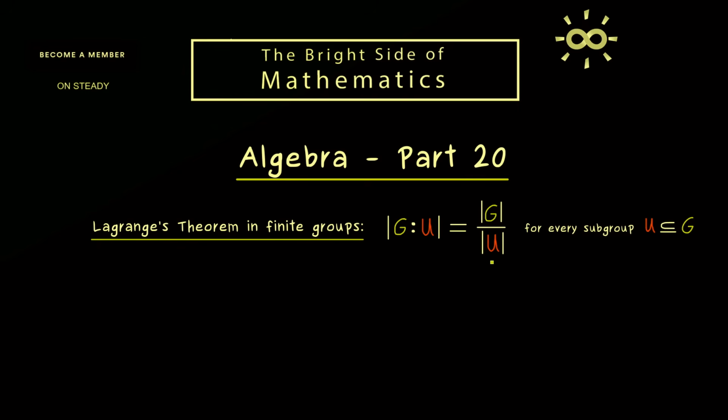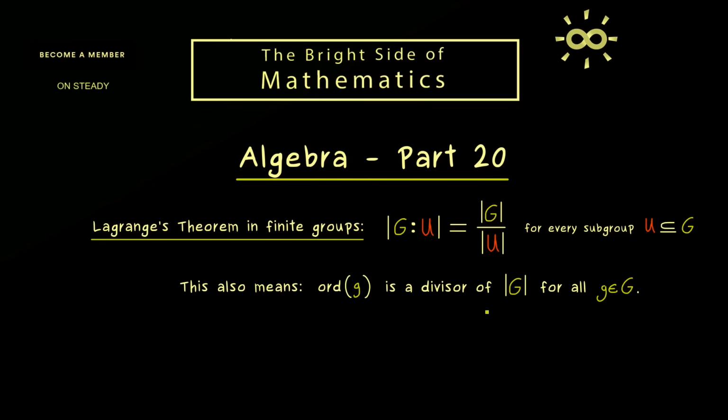Hence, this fraction here always gives us an integer, which means we have to care about the divisors of the order of G. In particular, if you look at the order of an element g in G, then you know it's a divisor of the order of capital G. And there you see that some number theory comes in because we suddenly care about divisors of a natural number.